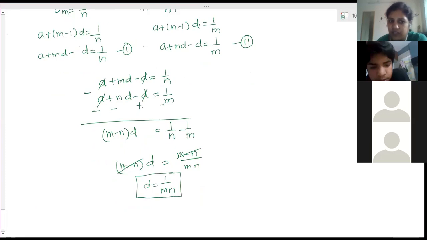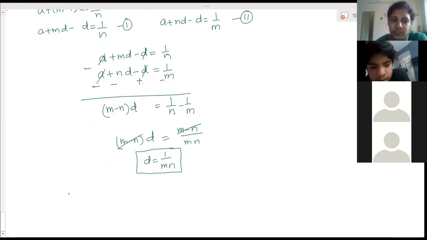Now substitute this value of d in any one of the equations to get the value of a. I will use this one: a plus md minus d is equal to 1 by n. The d value is 1 by mn, so m into 1 by mn minus 1 by mn is equal to 1 by n.